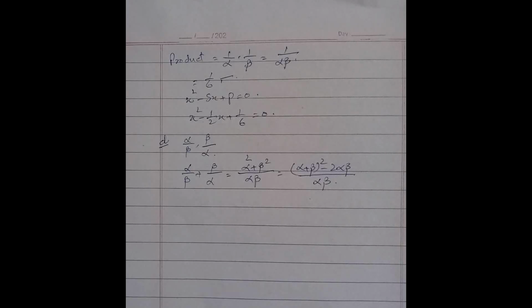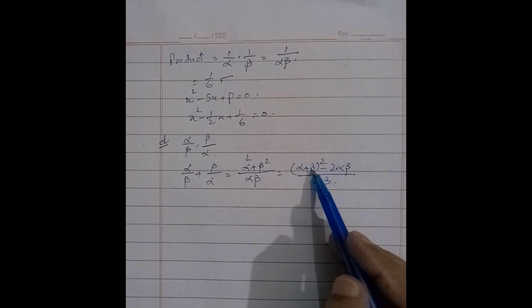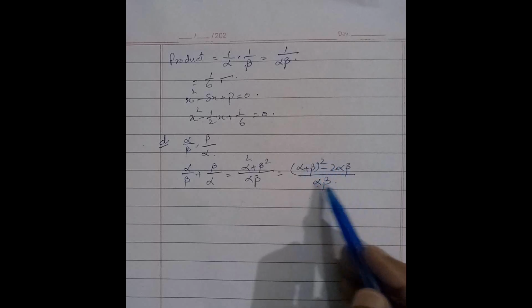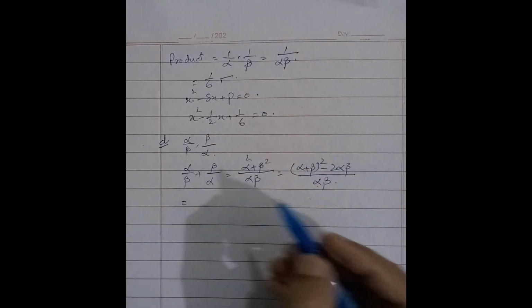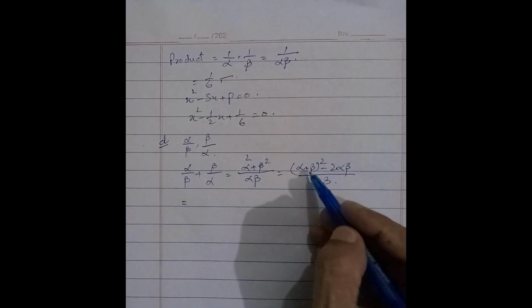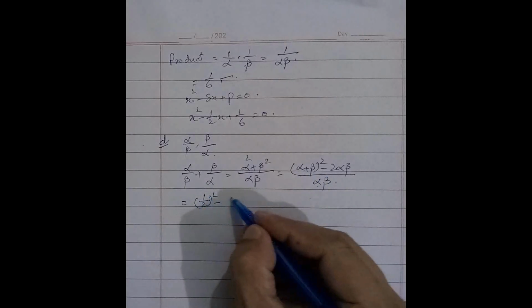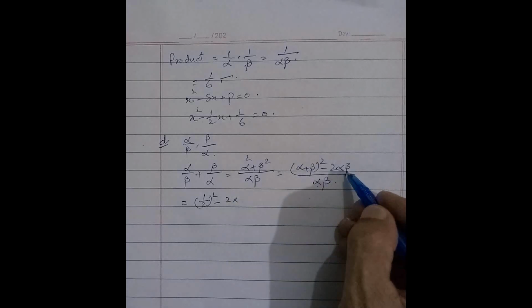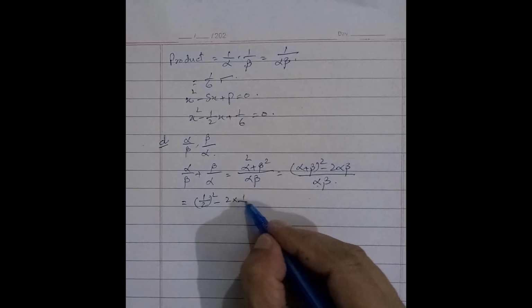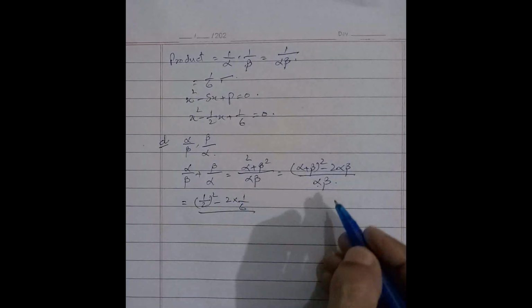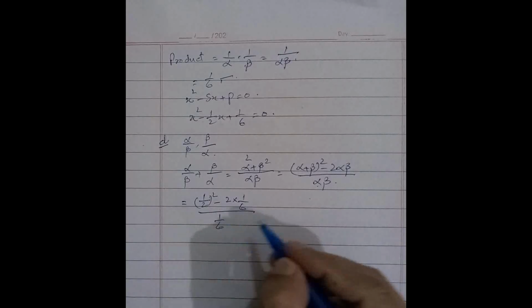And then we put the values of alpha plus beta and alpha beta in this equation. We know that alpha plus beta is equal to 1 over 2, whole square minus 2 alpha beta. The product of roots alpha beta is 1 over 6.